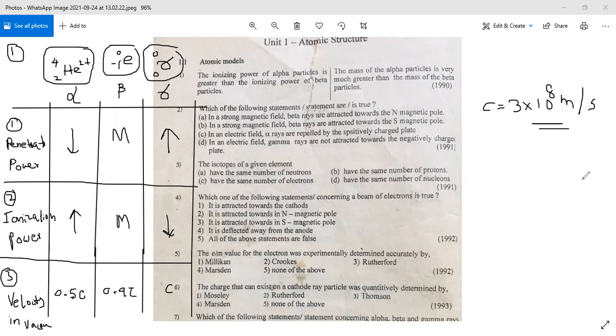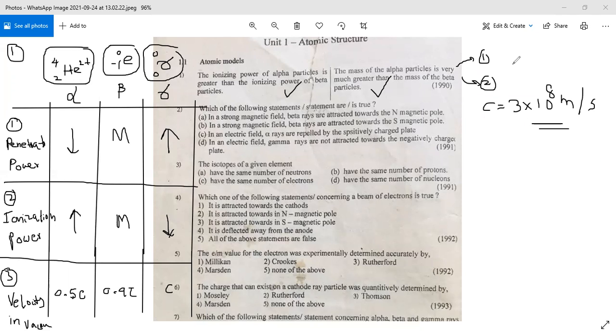Let's also go to the question. Ionizing power of alpha particle is greater than ionizing power of beta. Yes, now we know that. We know why. The mass of alpha particle is very much greater than mass of beta. When both are correct, there are two options, whether the answer is 1 or 2.